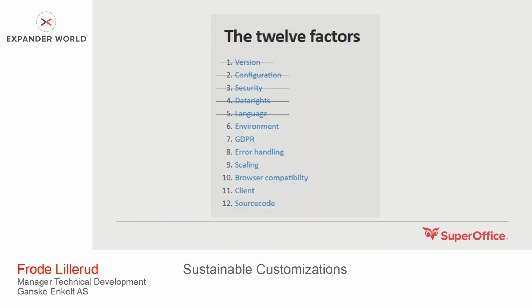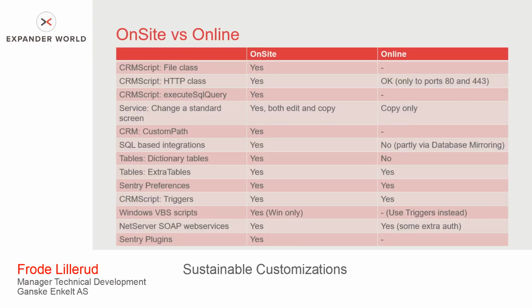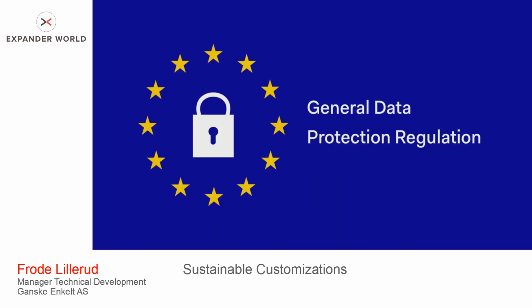We did environment. Next is an important one as well, GDPR. Whatever customizations you make have to respect GDPR. It means that you have to respect consent and subscription types. Whenever you create persons, you should tag them accordingly.